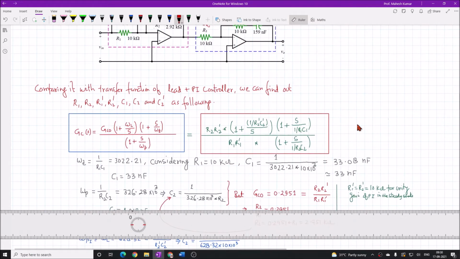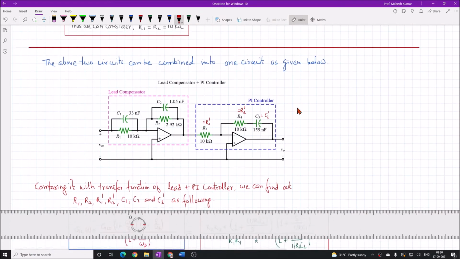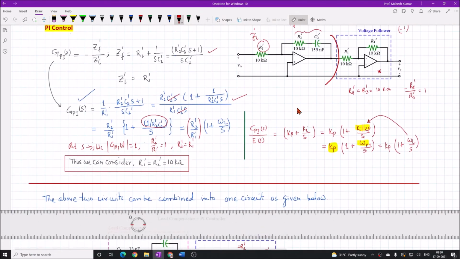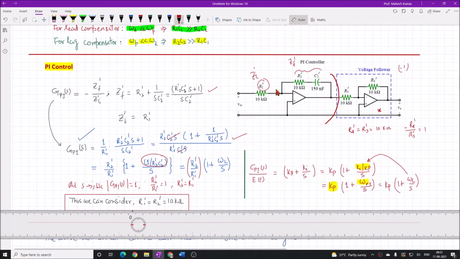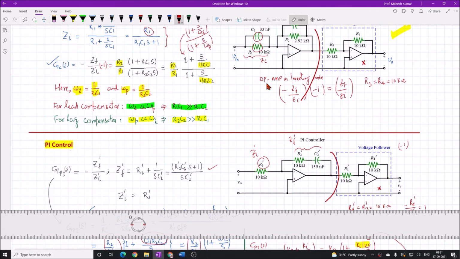So if we see that, then we will get this transfer function R2 dash by R1 dash. We multiply these two transfer functions. Here it is. If you see this transfer function here, this is R2 dash by R1 dash, and here it is R2 by R1.